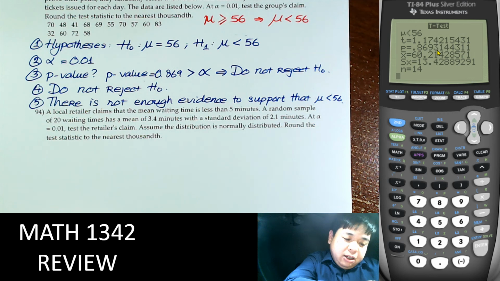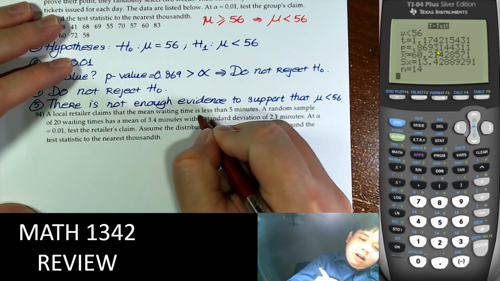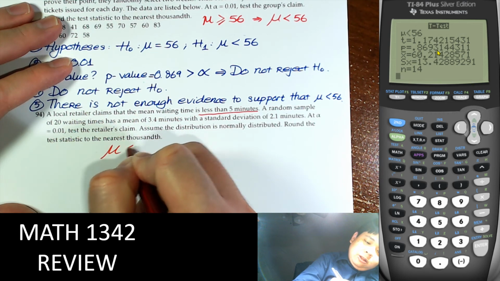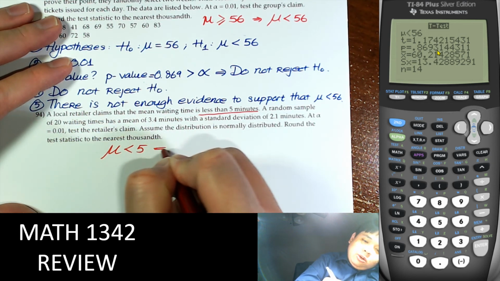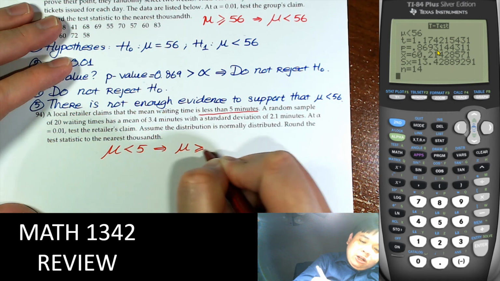Next, a local retailer claims that the mean wait time is less than 5 minutes. So this is the claim, less than 5 minutes. The complement is greater than or equal to 5.